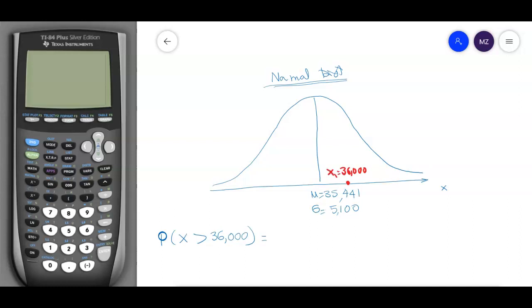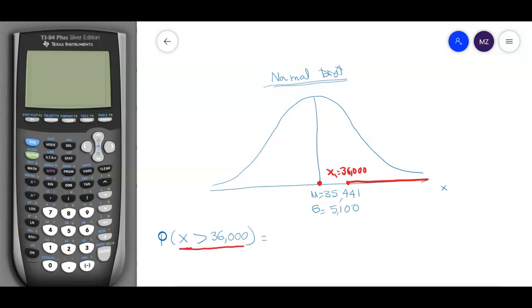It's going to be close to the mean, because the difference is not really big, only about 559. I need to identify whether x is greater than that value, so I need to go to the right side.